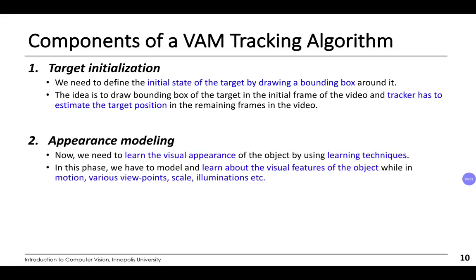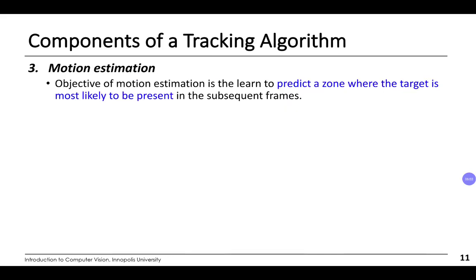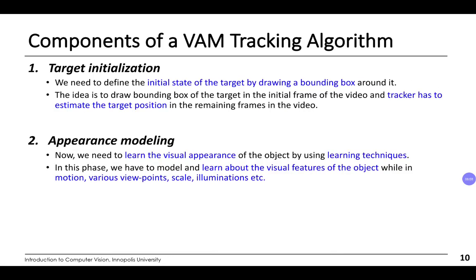The next component is appearance modeling. Now we learn the visual appearance of the object by using learning techniques. When we are doing this appearance modeling, most of the time the visual appearance is learned using a convolutional neural network.